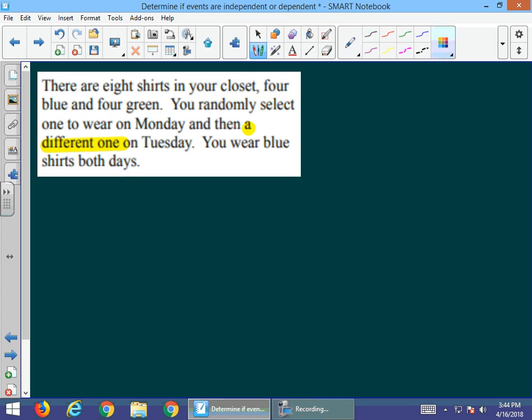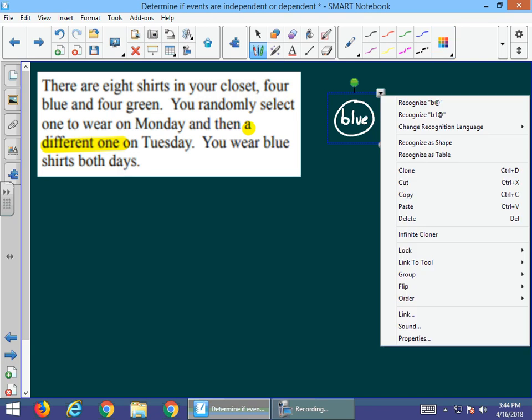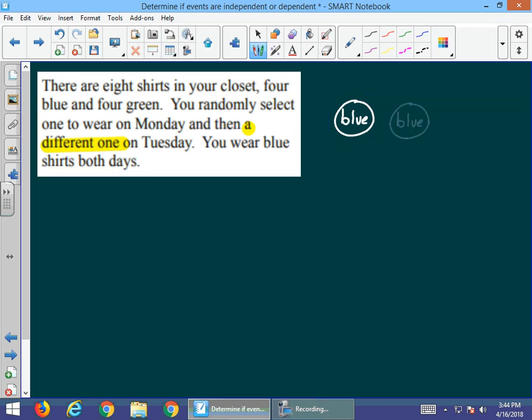So if I'm thinking about the shirts that I have, 4 blue. That's a blue shirt, and like 4 of them, 2, 3, and 4. So I have 4 blue shirts. And then I have 4 green shirts.